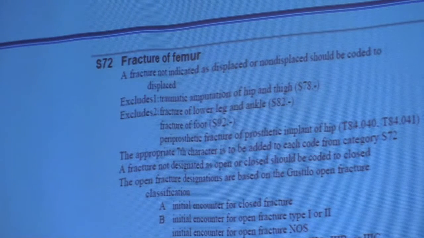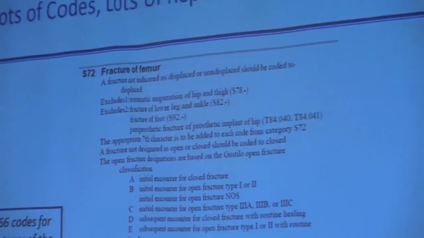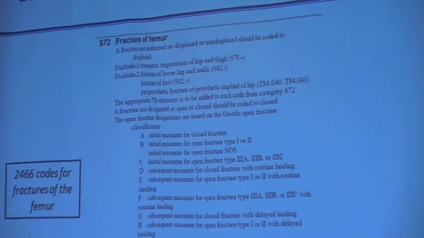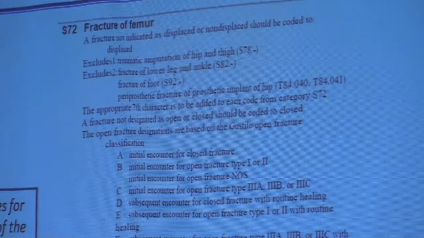Example, excludes 1, traumatic amputation of the hip and thigh. I would never code that with fracture of the femur, right? Because I can't have an amputation without fracturing the femur. Wouldn't work. Excludes 2, if I have a fracture of the lower leg or foot or a prosthetic fracture, I would use an additional code because that is not included here. Use additional code.